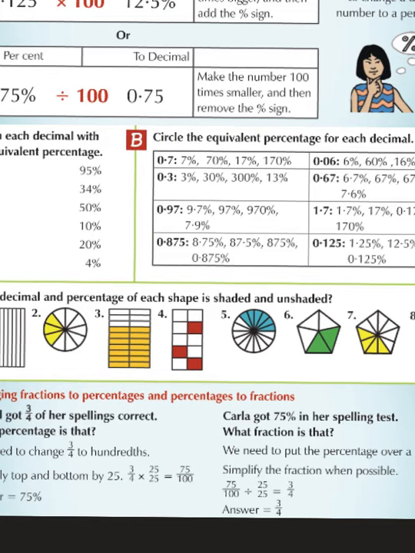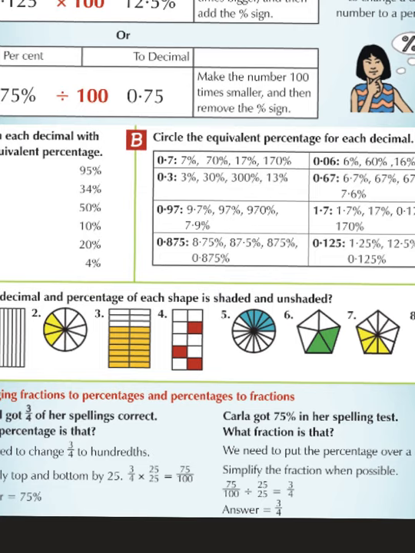So 0.04 is 4 hundredths. 0.5, 50 hundredths. 0.2, 20 hundredths. 0.1, 10 hundredths. 34 hundredths. 95 hundredths. So the decimals, fractions and percentages are all very much interlinked.